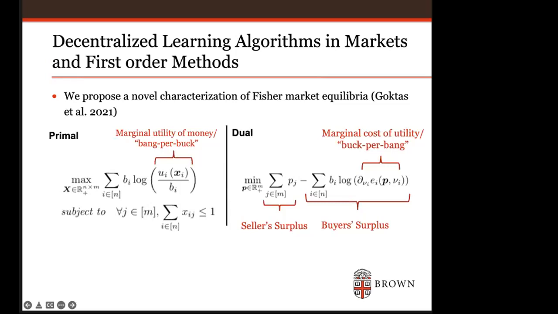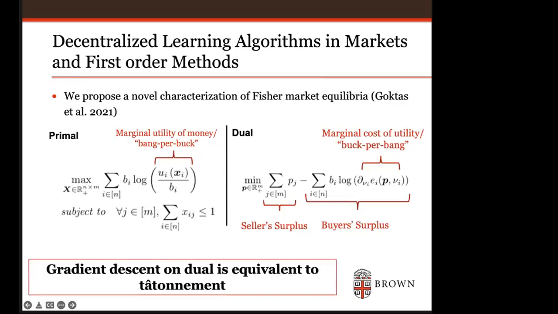And a really interesting result that we have shown about this convex program is that if we run gradient descent on the dual of this convex program, we actually obtain tâtonnement, this algorithm that was proposed by Léon Walras in 1854, and for which he didn't have convergence results. And in forthcoming work, we're showing that this process is converging in a large class of Fisher markets in a discrete setting.